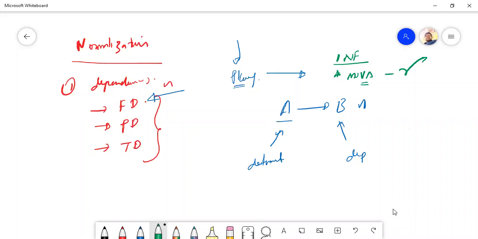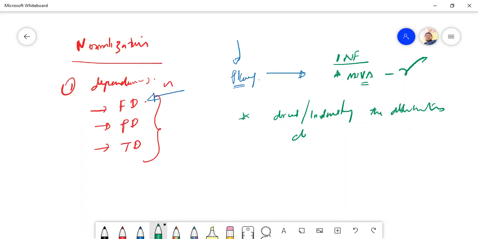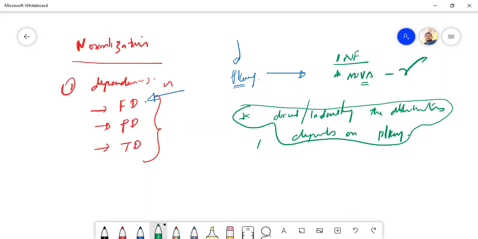How can we see the multi-value attribute? If the attributes depend, directly or indirectly, on the primary key, then simply you can see there is no multi-value attribute.